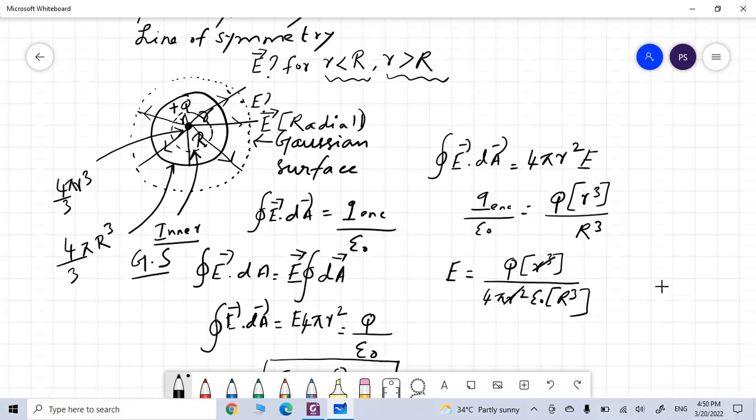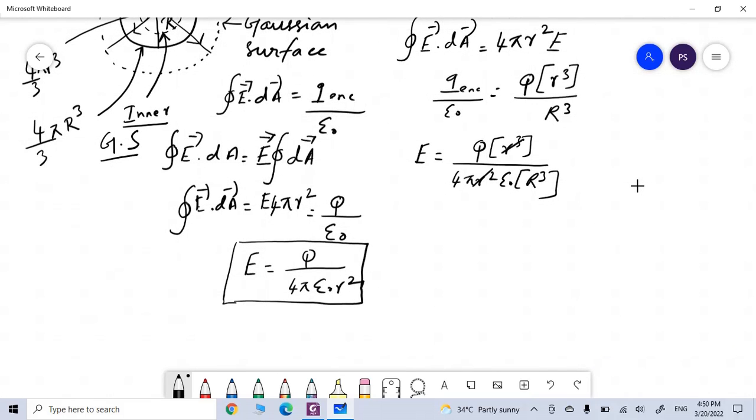So you have this electric field at a point where the small r is lesser than capital R: the electric field is q times small r divided by 4 pi epsilon 0 capital R cube. So this is the result.